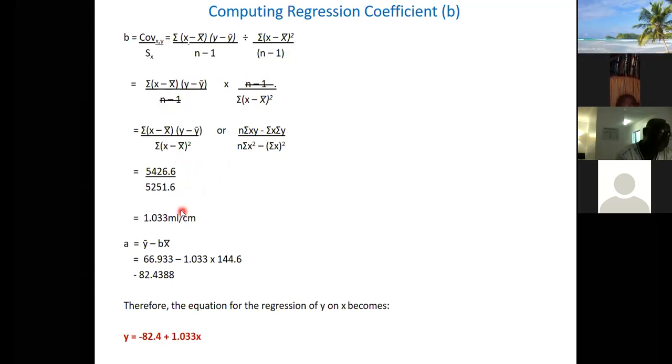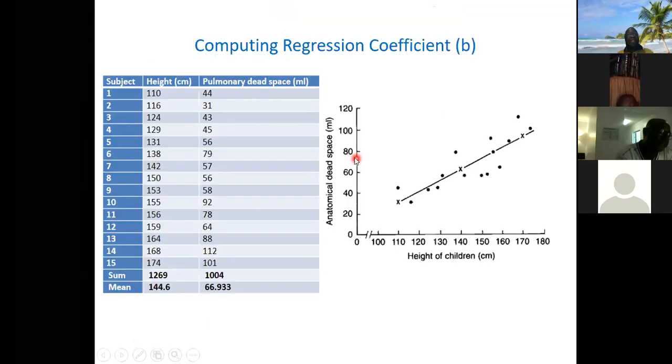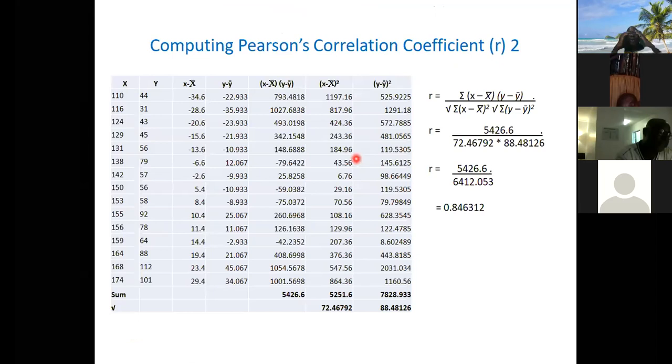In the data we were given, if you look at what we calculated, the x minus x bar times y minus y bar is the numerator, which is the covariance aspect of it.